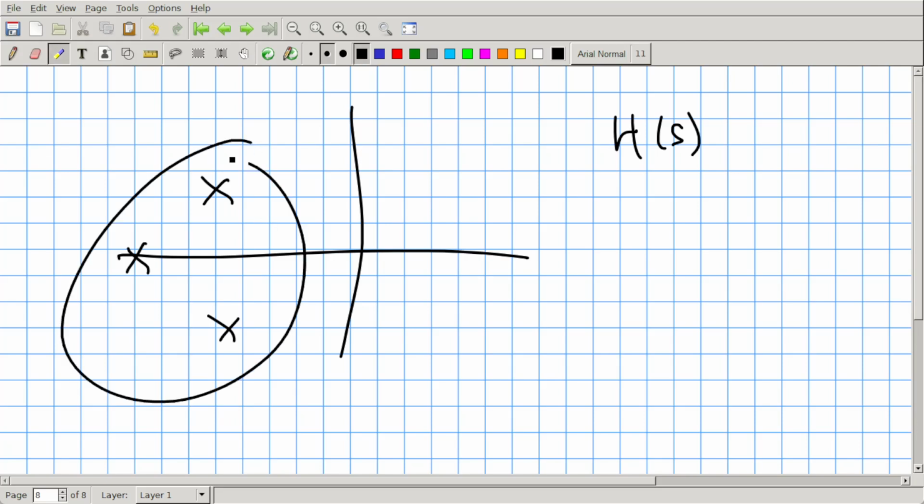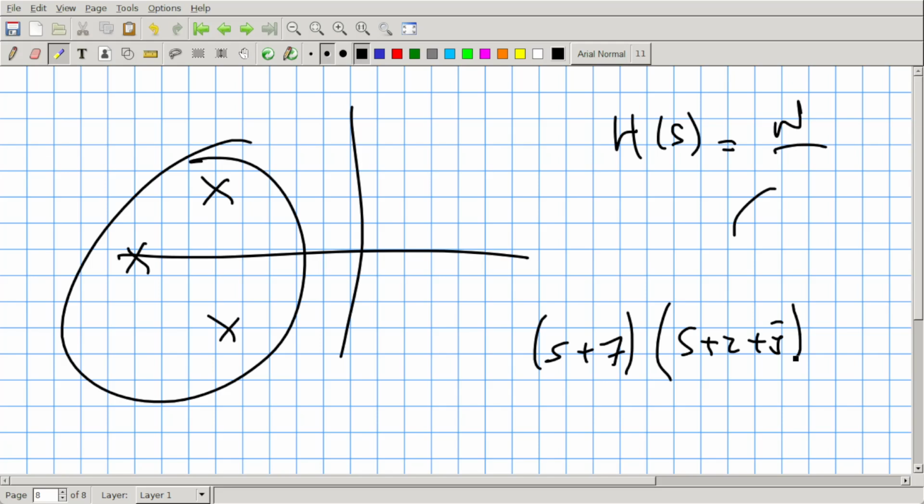If I have this stuff here, degree of this equal to 3. True. We would write this D as s plus 7, s plus 2 plus j, s plus 2 minus j. True? We will write it in this way.